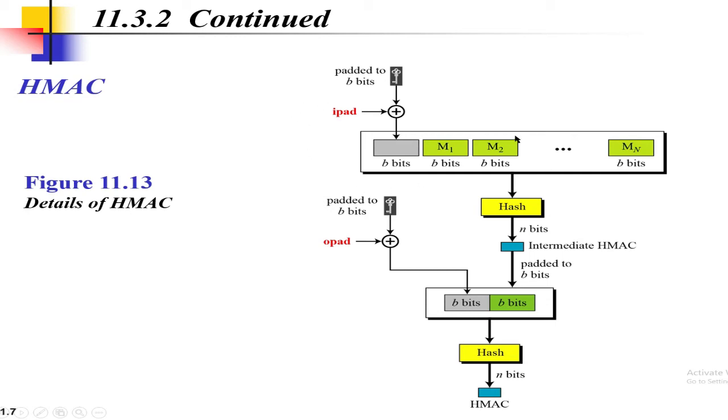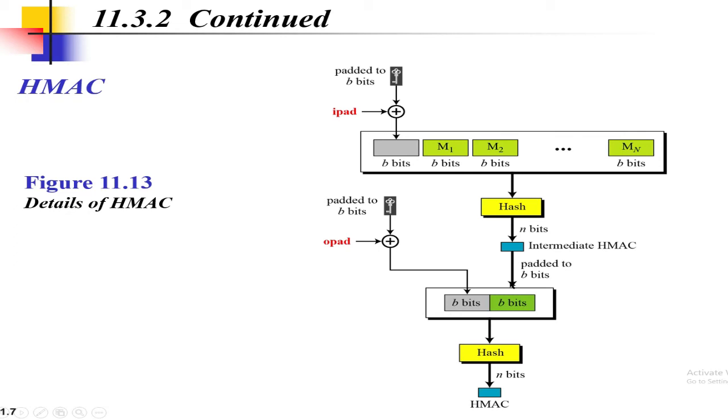Here the message is divided into n blocks, and the secret key is left padded and XORed with a constant called input pad. The output of this is prepended to the message blocks, and the whole is passed to the hash algorithm, and it produces an intermediate HMAC.